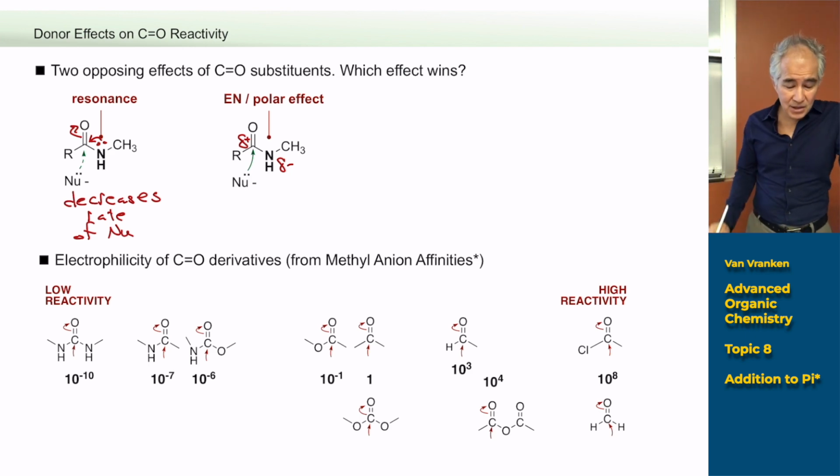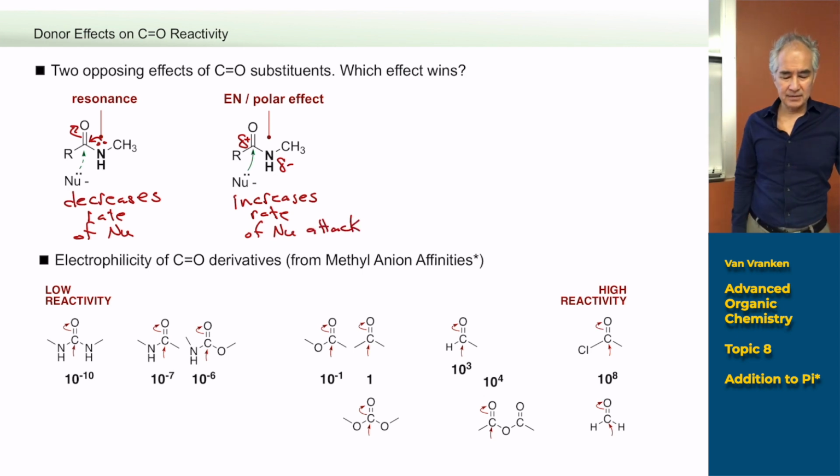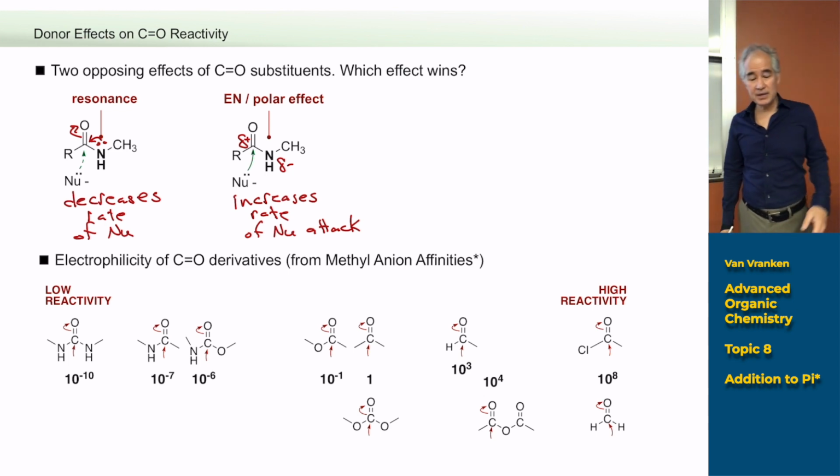That makes it easier to attack. It increases the rate at which nucleophiles will attack. This secondary effect is also occurring, both effects are occurring. So the polar effect, that's an electronegativity effect, increases the rate at which nucleophiles attack.